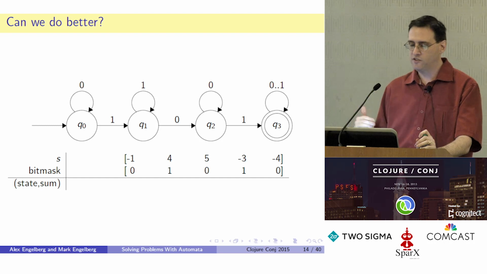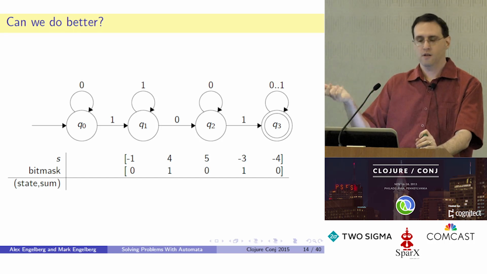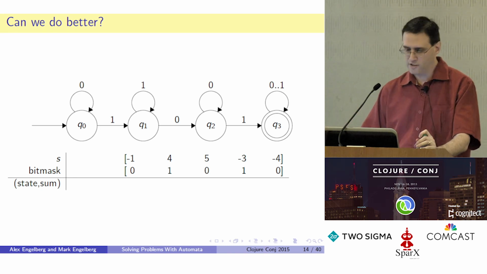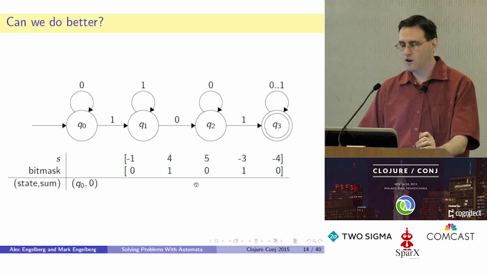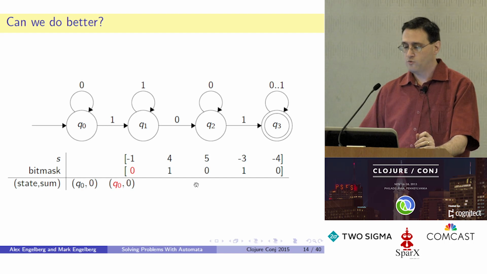So if we have a sequence in the bitmask, we can both check whether this is a non-segment subsequence and find the sum all in one pass pretty straightforwardly. We start off knowing we're in state Q0 and with a sum of 0. When we see a 0 in the bitmask, we update the state, but we don't update the sum.